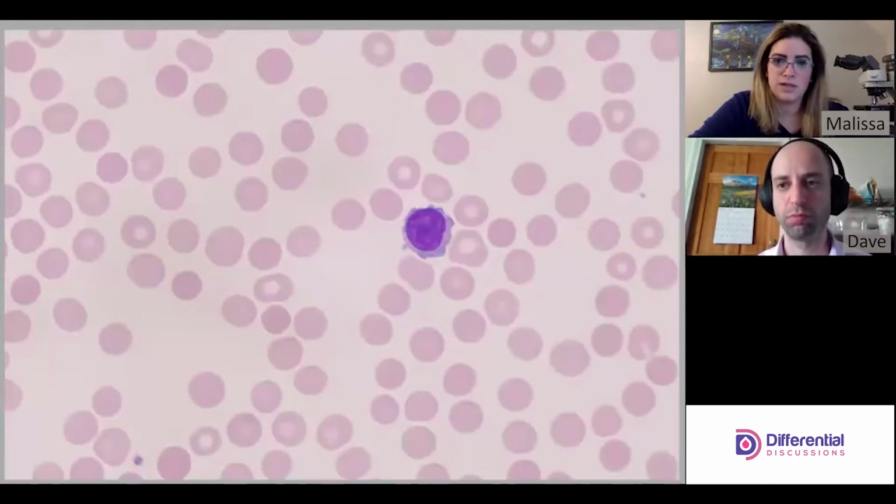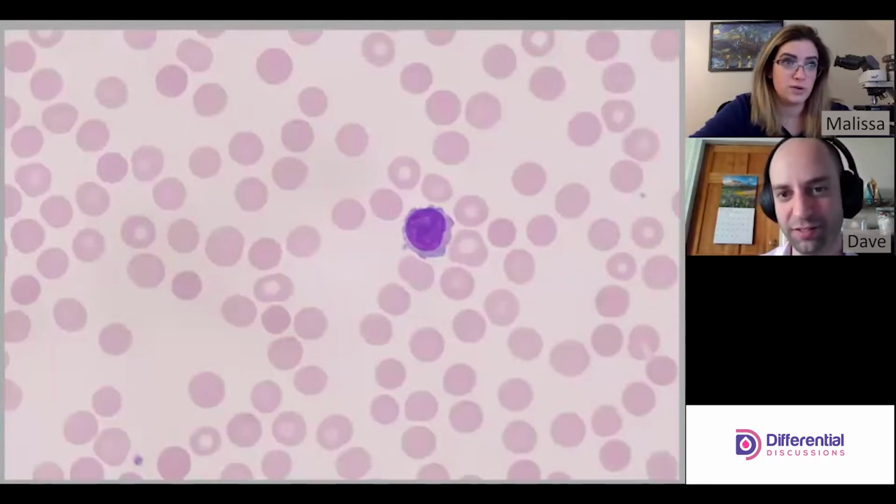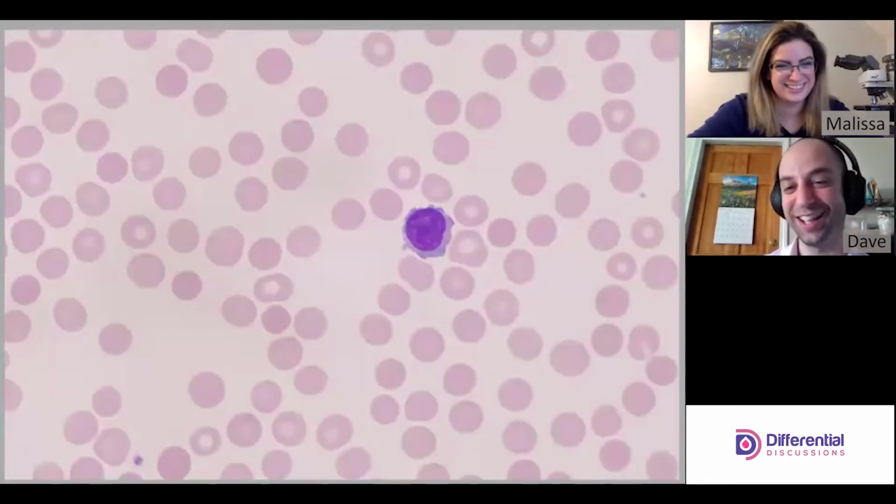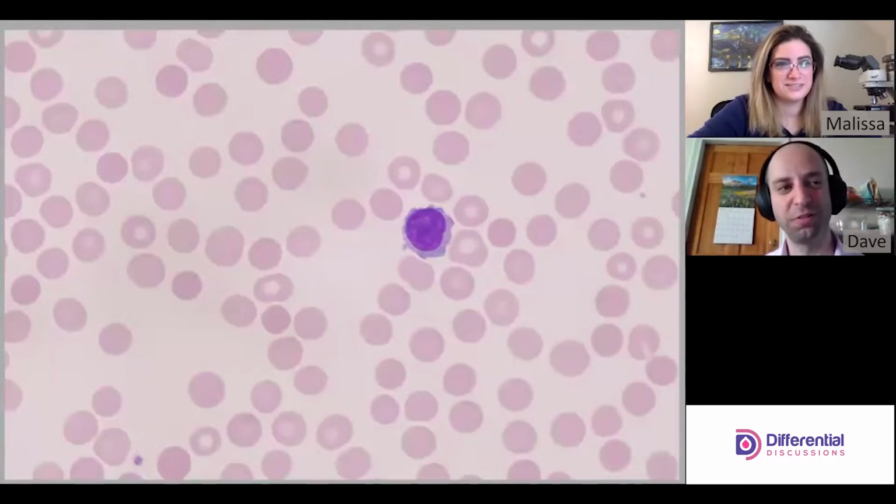I think the other fun thing is that lymphs have nucleoli. We just don't generally see the nucleoli in peripheral blood smears, and when you do, you're like, oh my gosh, nucleoli. We're currently teaching AML, so the nucleoli become a teaching point.